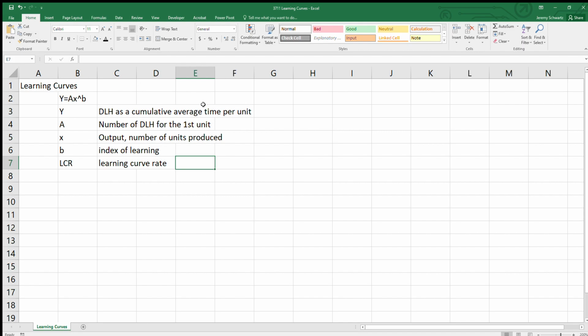Assuming that this takes on a value between 0.5 and 1, because we want to be able to model how quickly something takes.